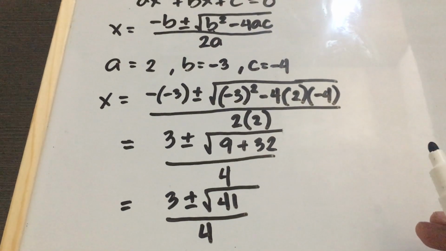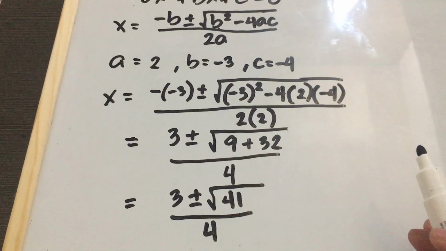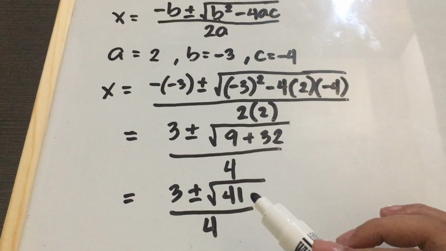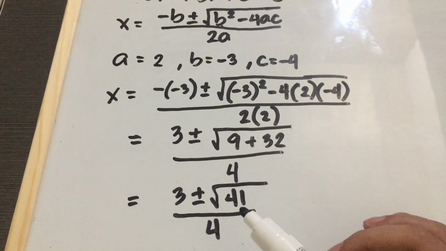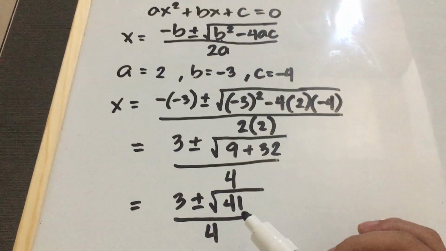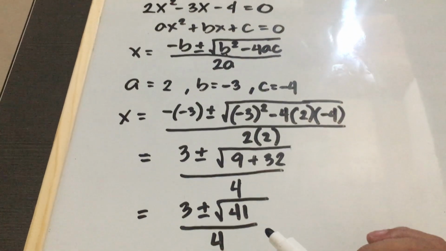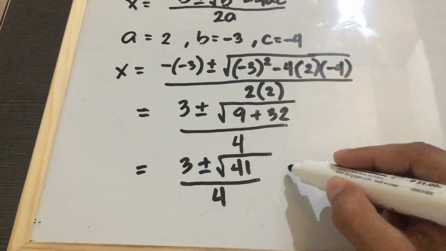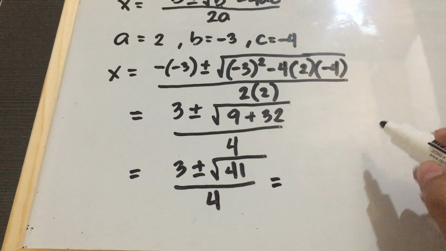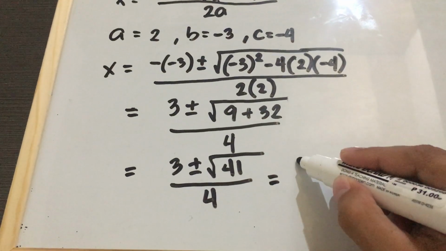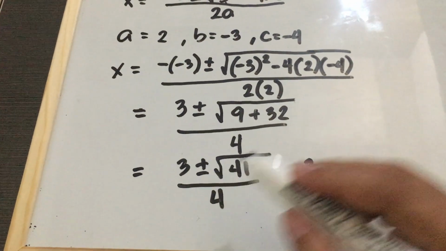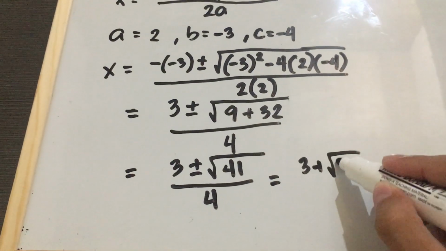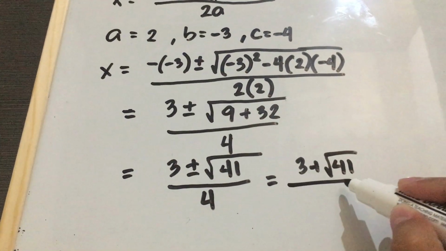In the past examples, we have a simplified version of the square root. So it's very easy for us to simplify. But then again, here in our example, we cannot simplify square root of 41. So which means, what will be our possible answers? Our possible answers right now are 3 plus square root of 41 over 4.